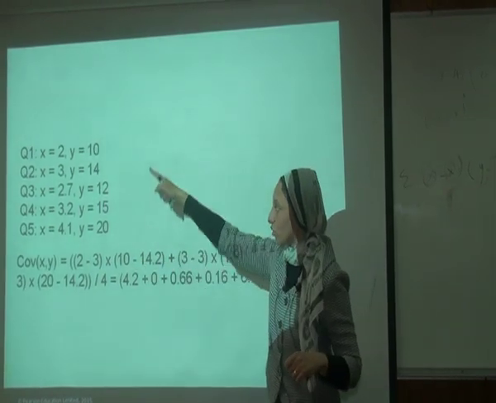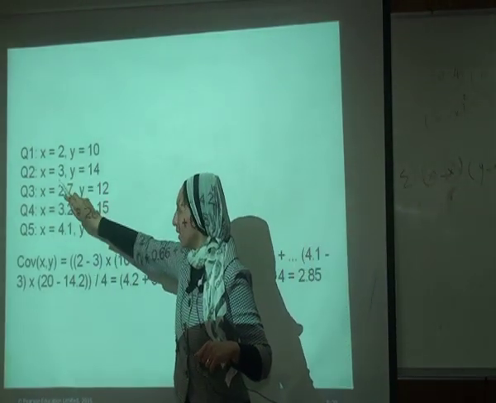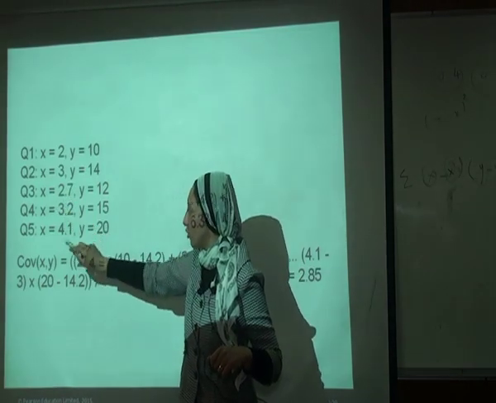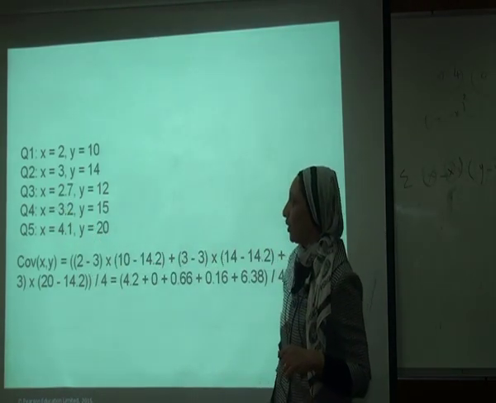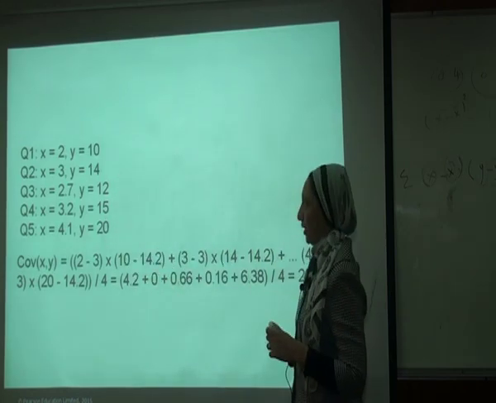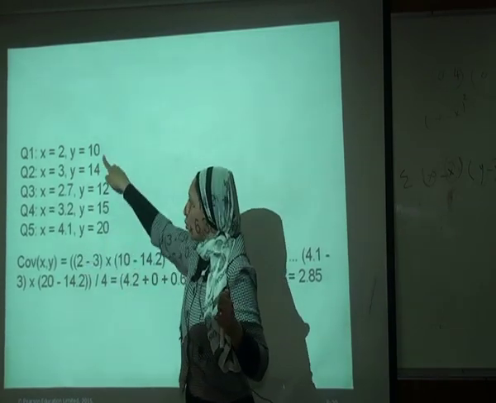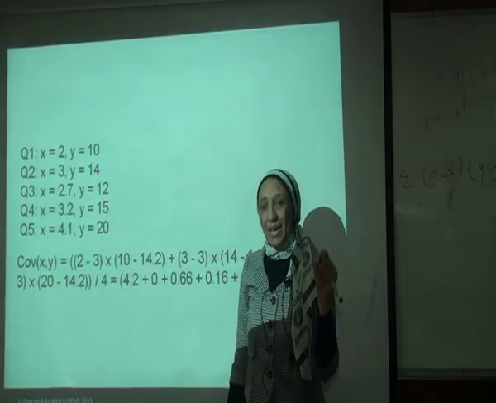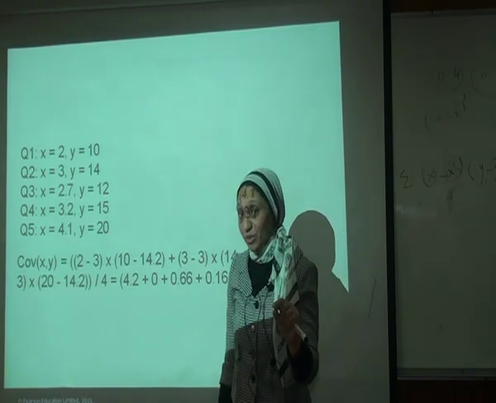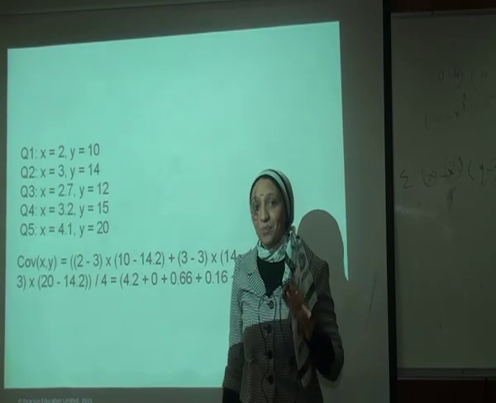Here we have stock X and stock Y. The return of stock X is 2%, 3%, 2.7, 3.2, and 4.1. The return of stock Y is 10, 14, 12, 15, and 20. Okay? This is X. This is Y. If you need to get X bar, as we mentioned before, you add those returns together and divide by n.